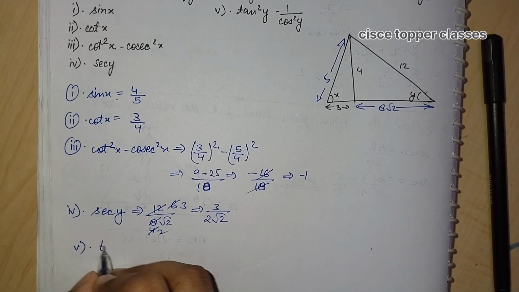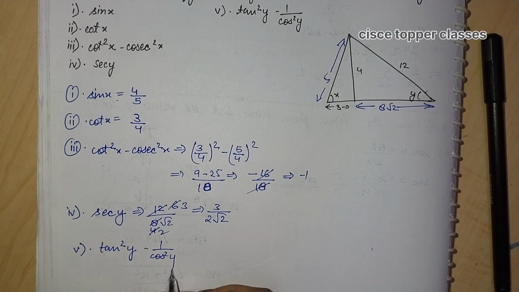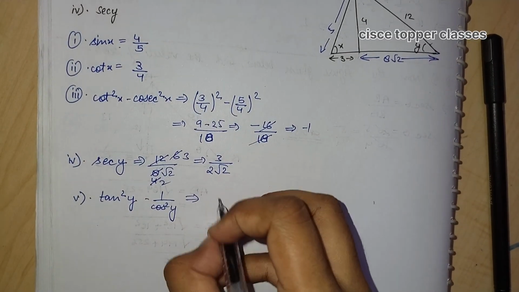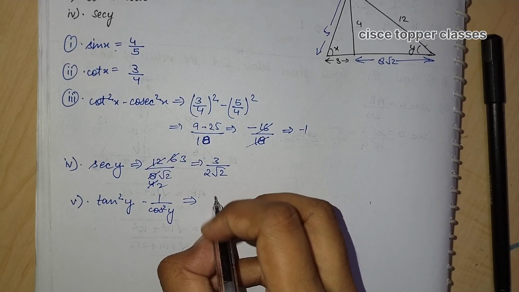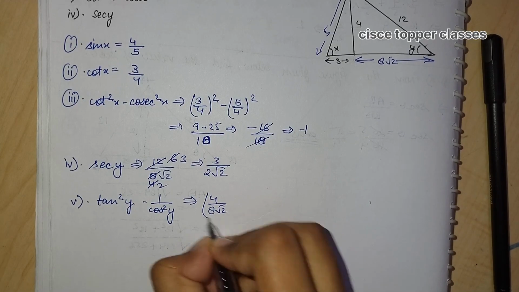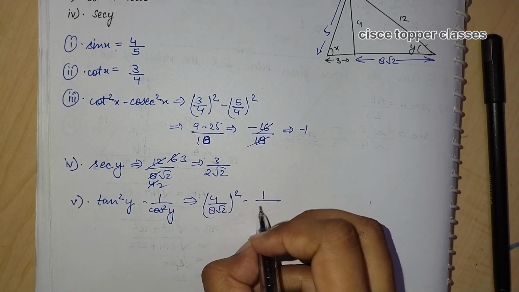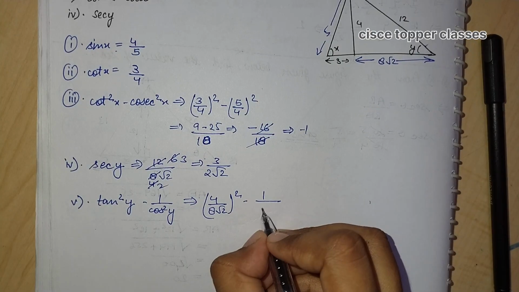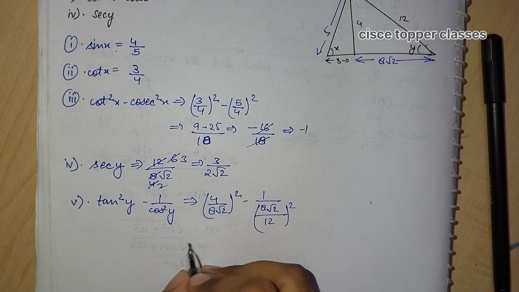The fifth part which you have to calculate is tan square y minus 1 by cos square y. So we can write tan square y as perpendicular by base. So perpendicular by base in this will be 4 by 8 under root 2 whole square, minus 1 by cos square y. This will be base by hypotenuse. So it will be 8 under root 2 divided by 12 whole square.